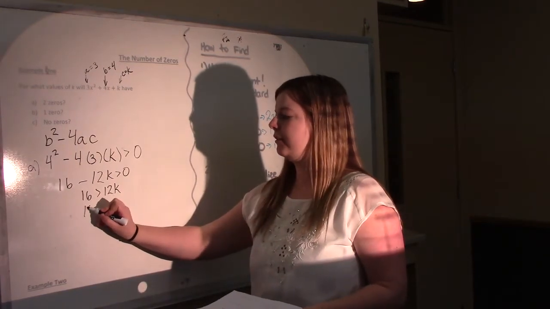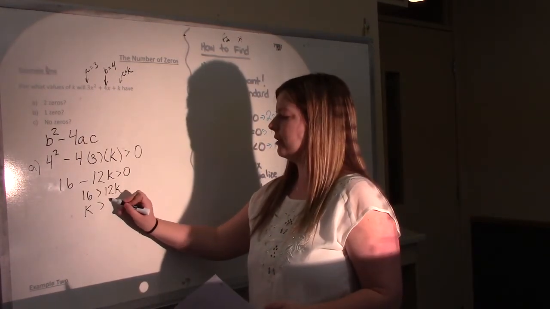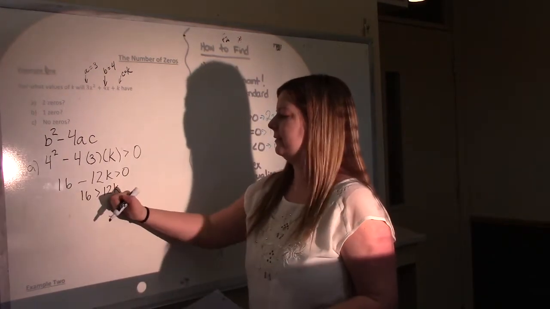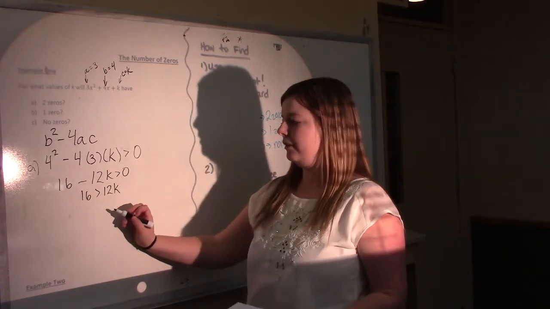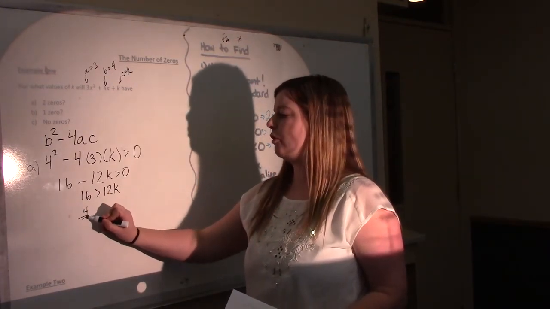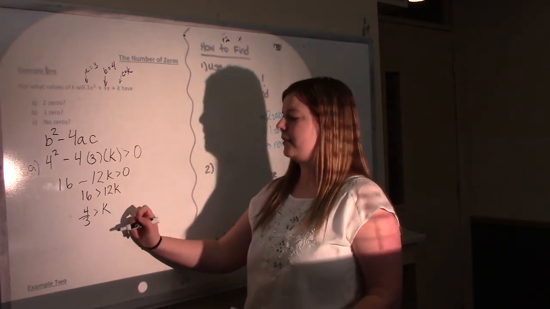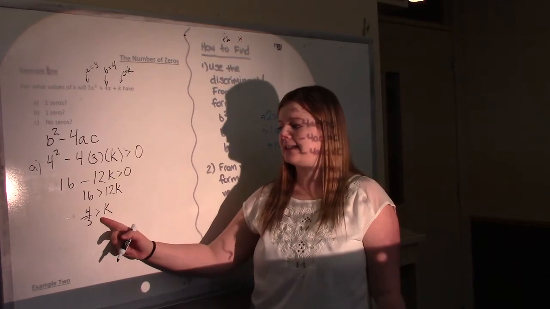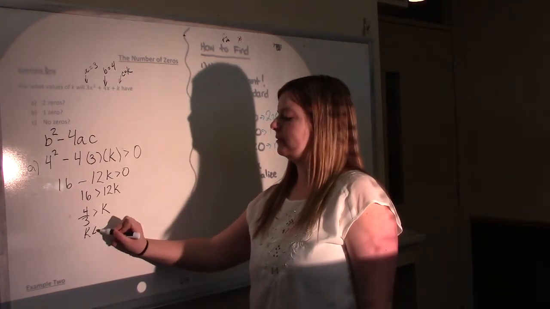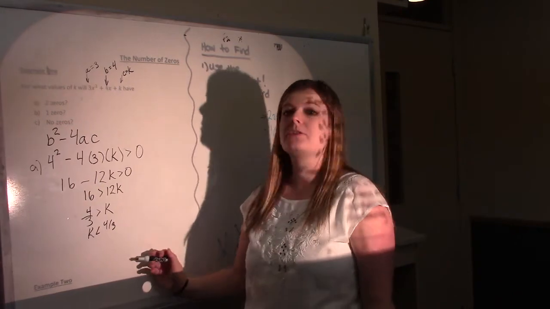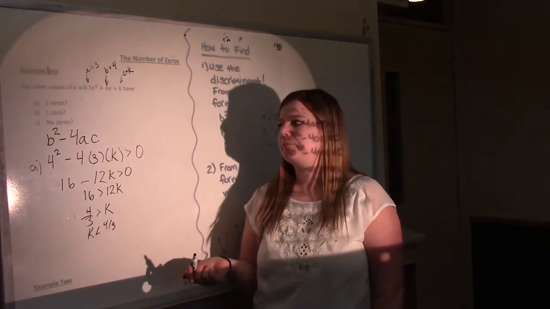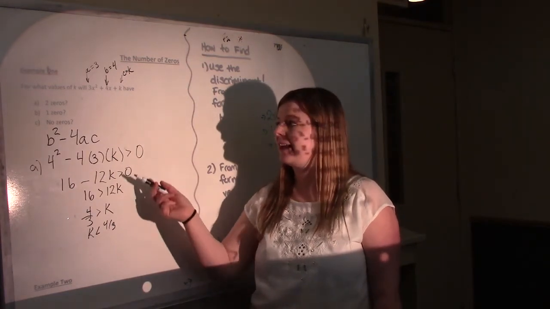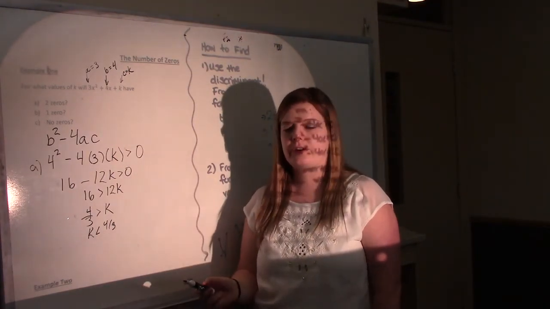Divide both sides by 12, so that reduces to 4/3, and then you keep the sign this way. So 4/3 is greater than k, which can be rewritten as k is less than 4/3. There you go. That is what has to be true in order for this expression to have 2 zeros. You can have k be any value as long as it's less than 4/3.